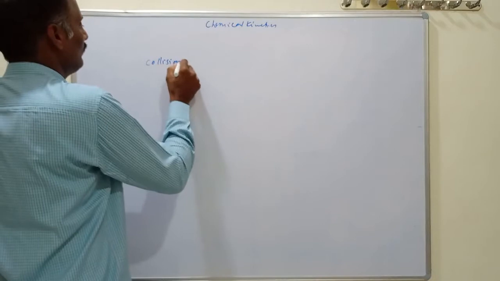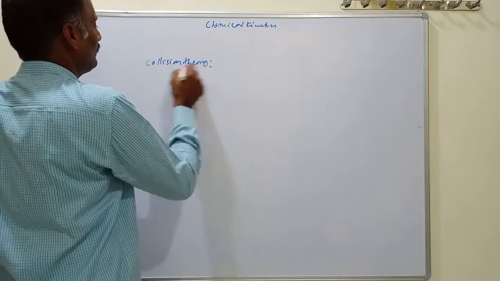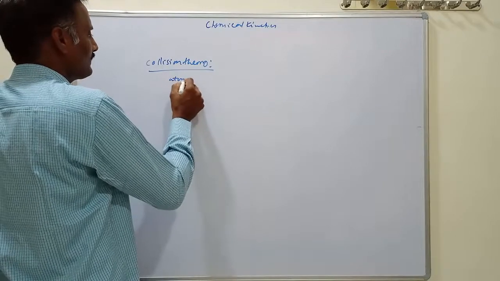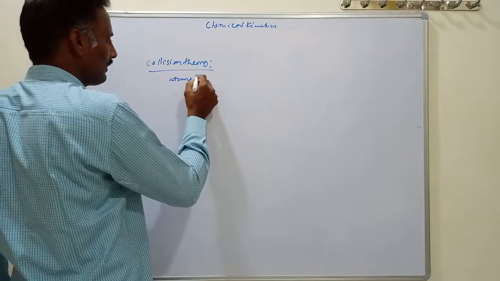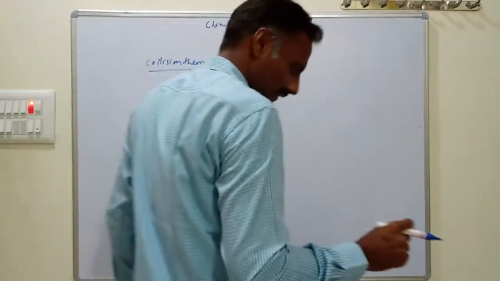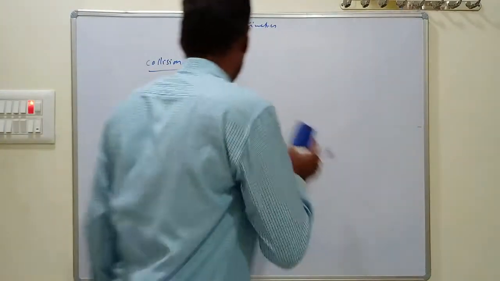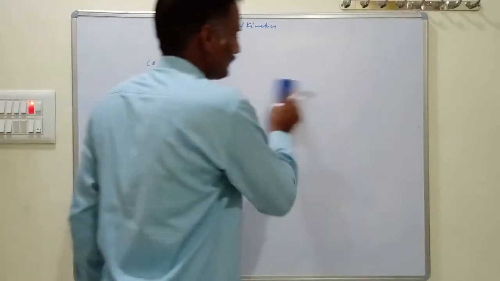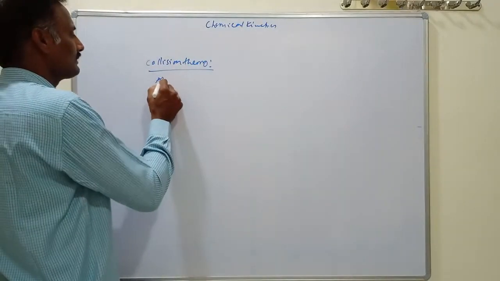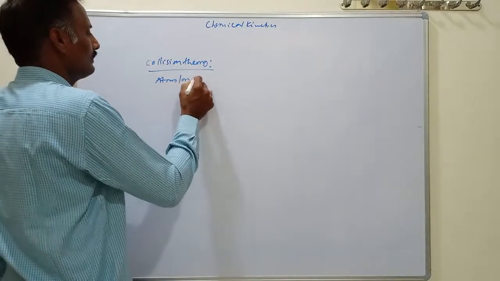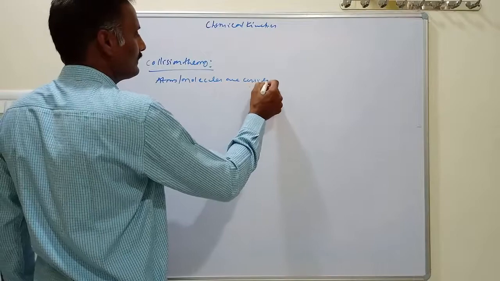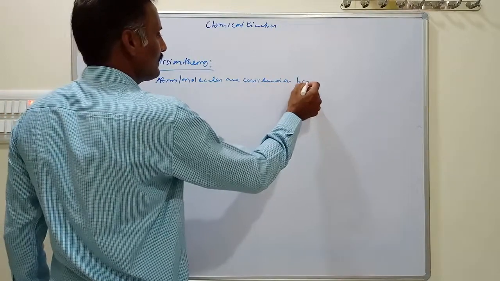According to collision theory, atoms and molecules are considered as hard spheres.